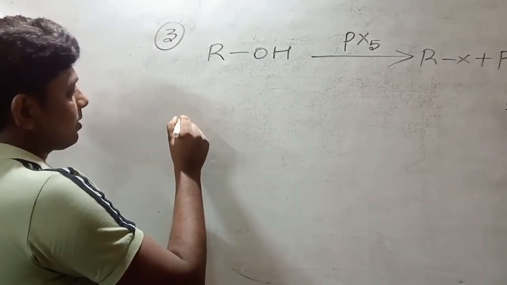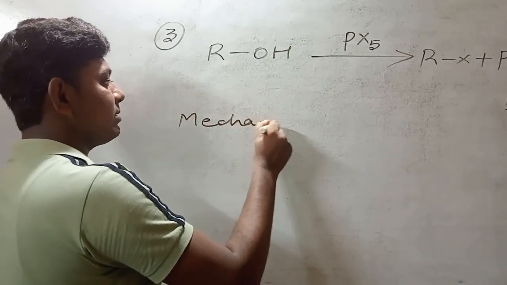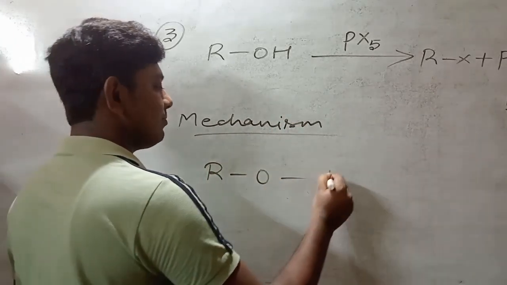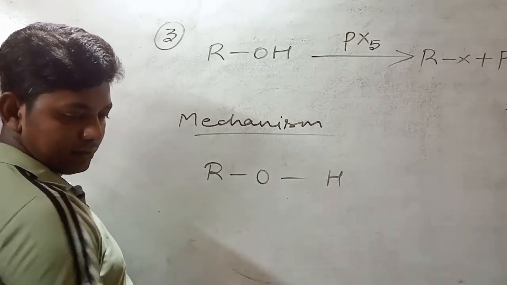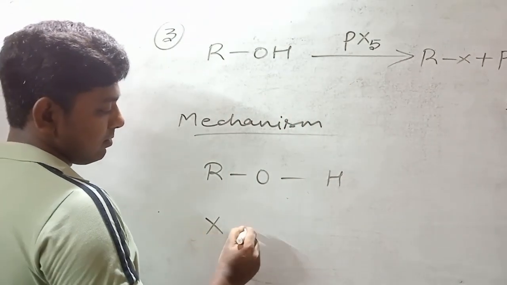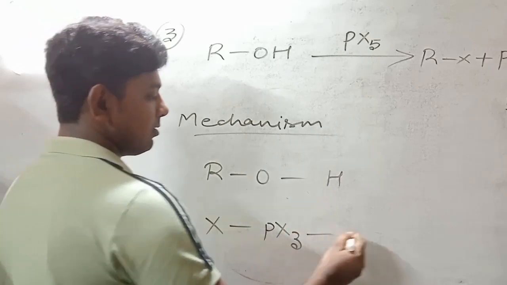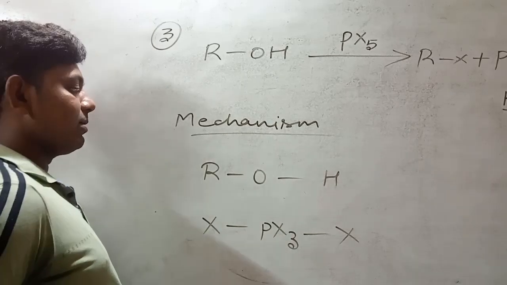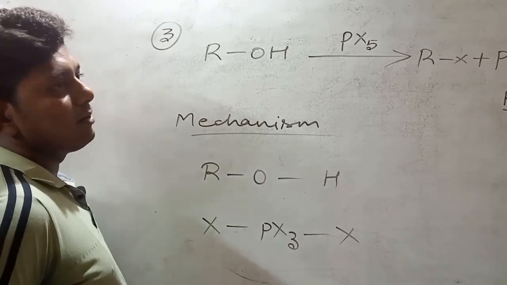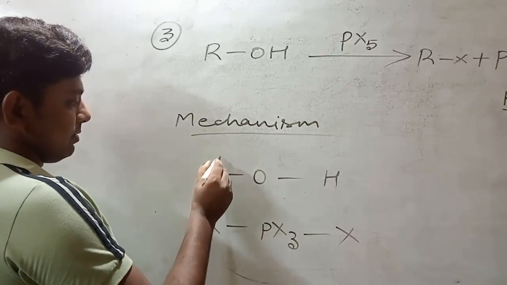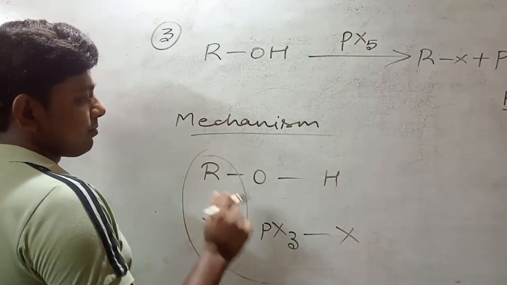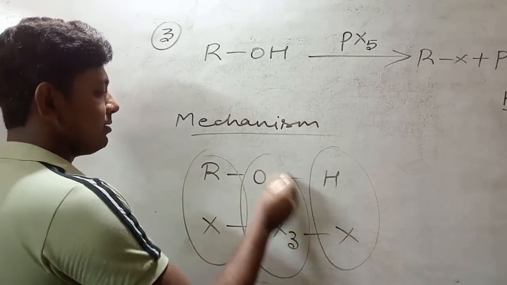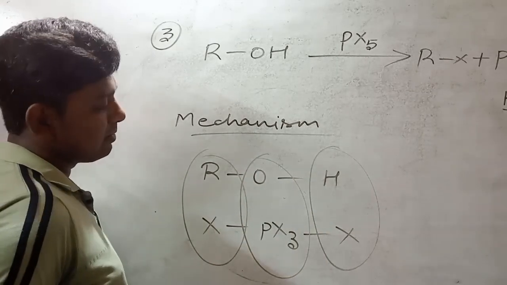According to the mechanism of these reactions, ROH reacts with PX5, taking the example of chlorine as X. So RX is formed, HX is formed as a byproduct, and POX3 is formed.